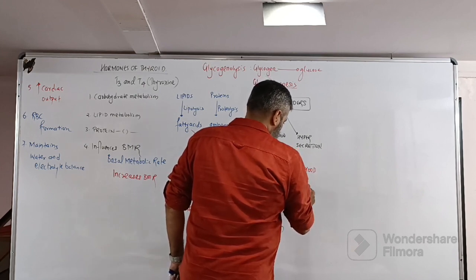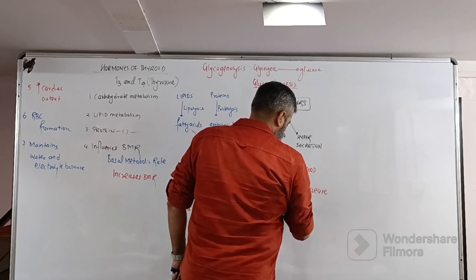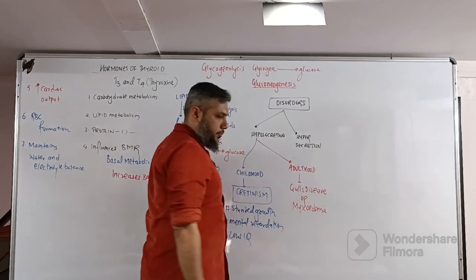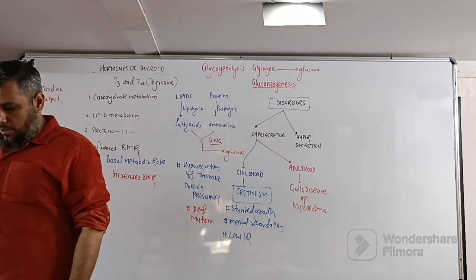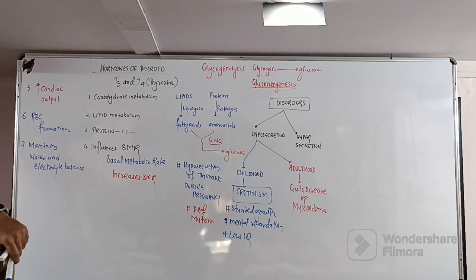Then the condition is called Gull's disease or Myxedema. क्या कहते हैं इसको? Both the things. According to the name of the person, it is called Gull's disease. Or we'll call it as what, chalo? Myxedema. Okay? Now, what will be seen in Myxedema?